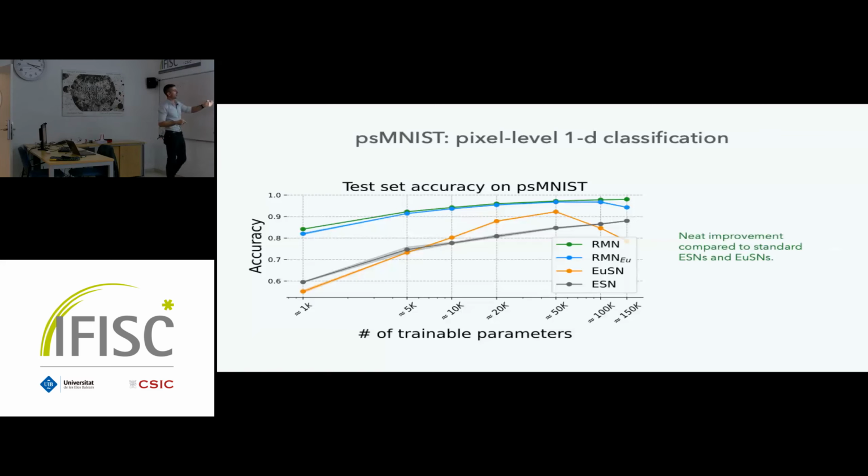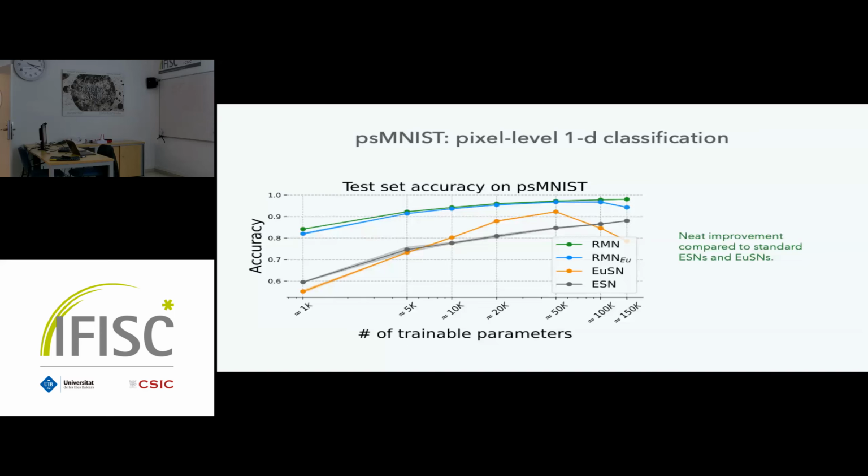And we scale from a little model with like 1,000 trainable parameters to a deep-learning-ish sized model of around 150K parameters, right? So what we can see here is that the echo state network is the gray line.